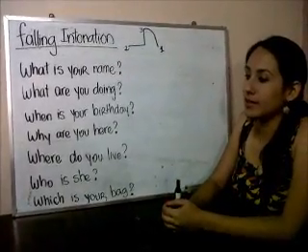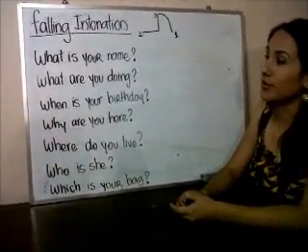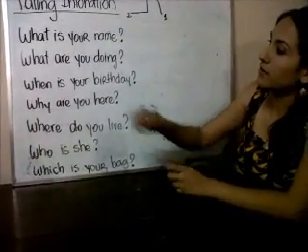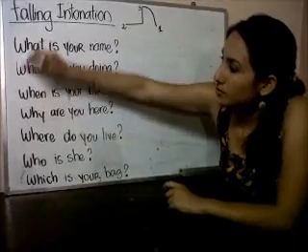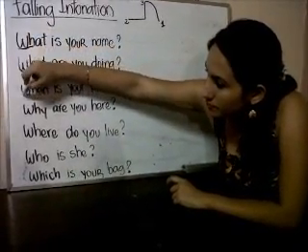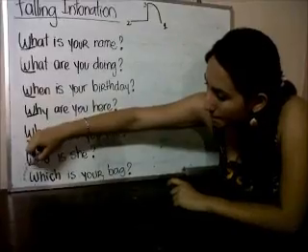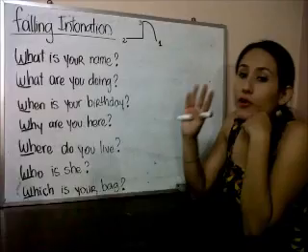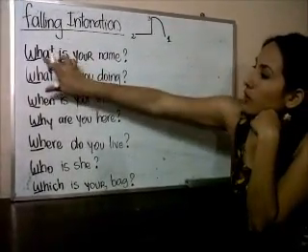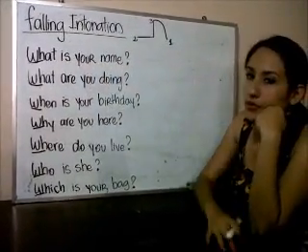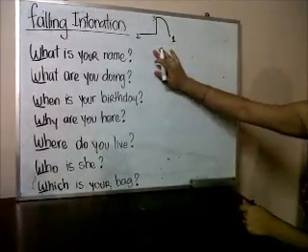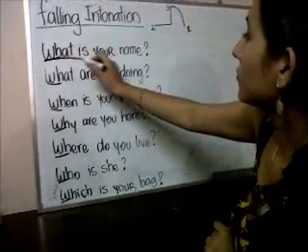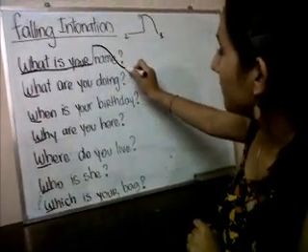Here we have some examples of falling intonation that, as I said, is found in WH questions but with 4 elements: 1, 2, 3, and 4. And the intonation is: What is your name?